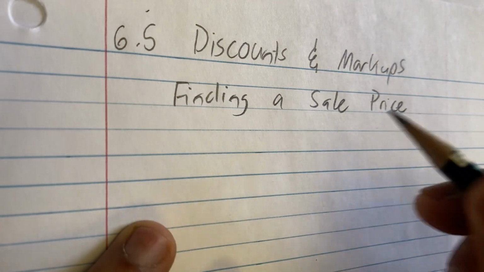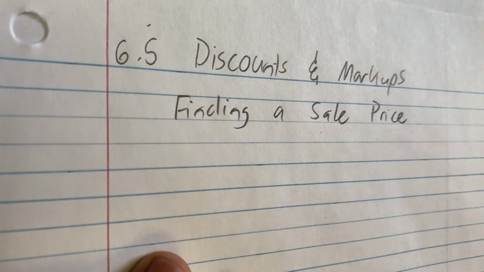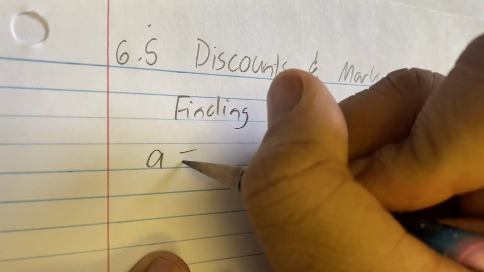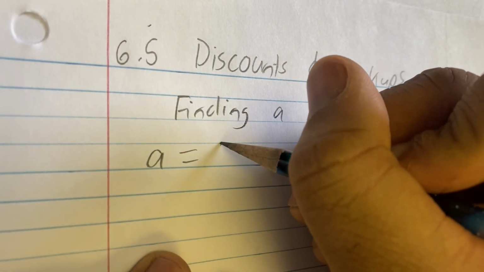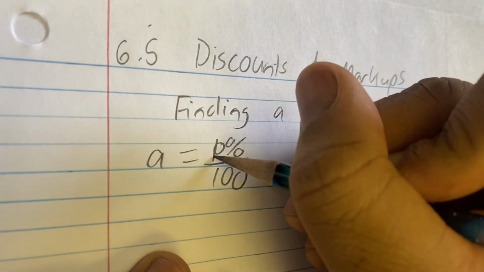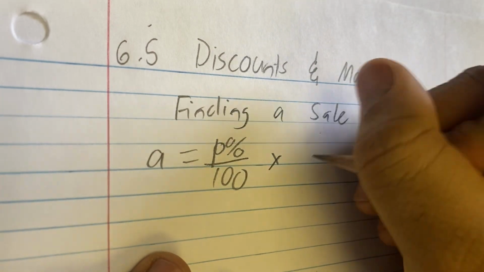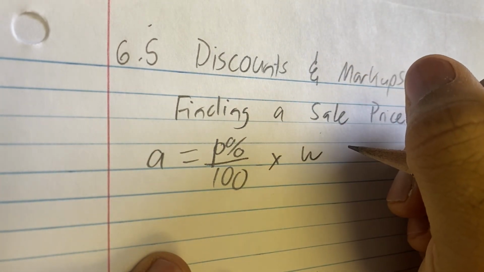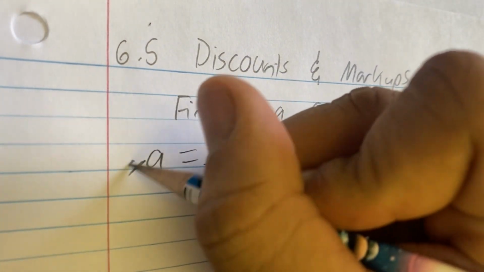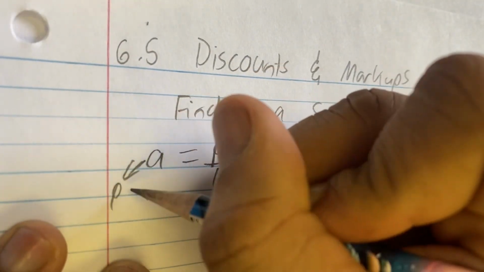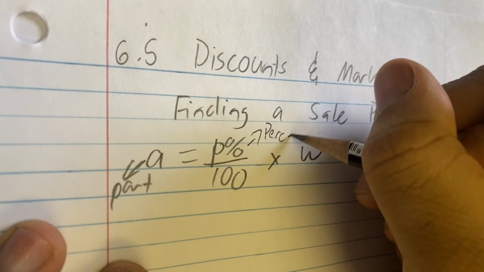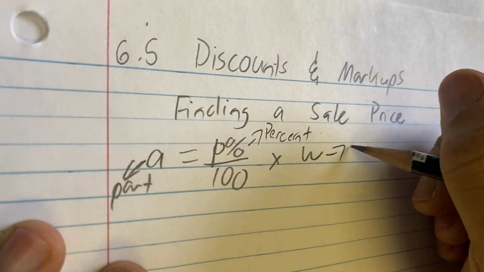To do that, you apply our formula, which is A equals P over 100 times W. A means part, P means percent, and W means whole.